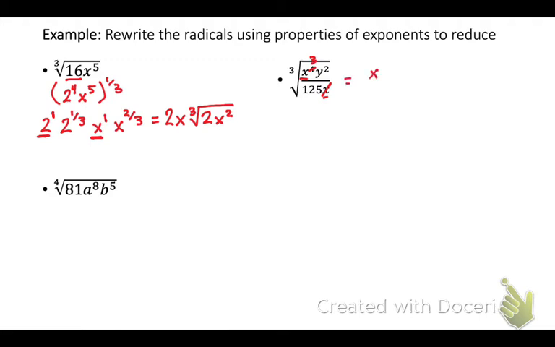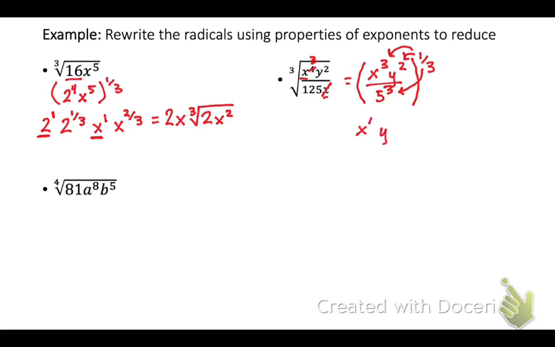So I have x cubed y squared over what? What's 125? 5 cubed? All to what power? To the third. And now I distribute it, correct? So 3 goes into 3 how many times? 1. So I can have x to the first. Does 3 go into 2? Nope.